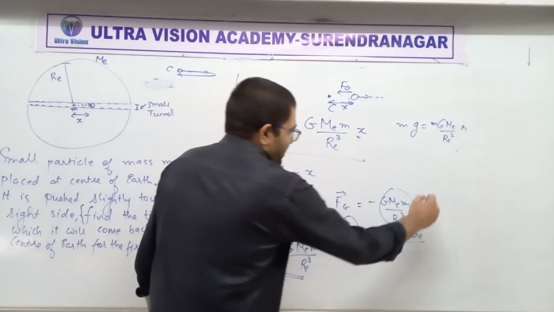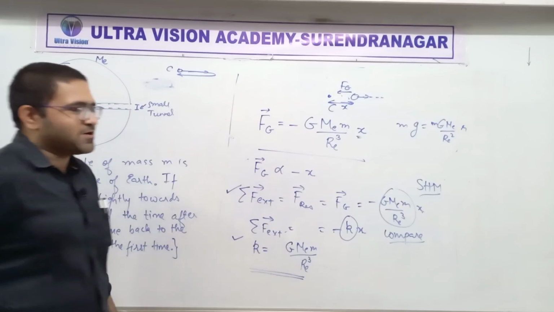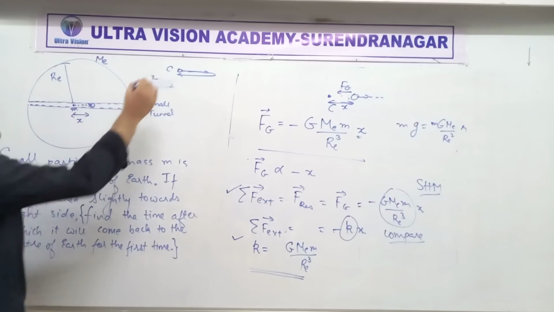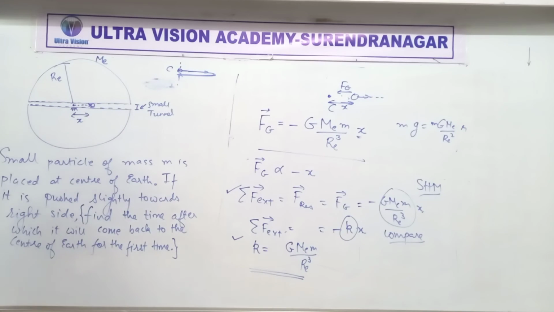Obviously this is SHM. I hope nobody has doubt about it, right? This clearly shows the hallmark of SHM. So in SHM, how much time will it take to go like this and come back to the center? Will it take time period or not? If not, what will it take?